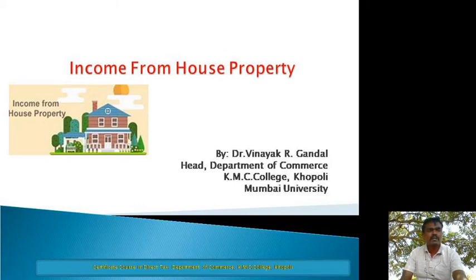But keep it in your mind, the income derived from the sale of house property is not treated under the head of income from house property, because it is chargeable to tax under the head of capital gain.